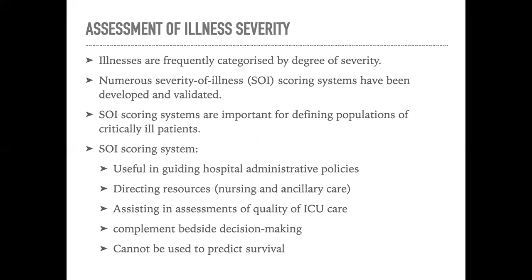It could direct resources, whether it's nursing and ancillary care, and assist in the assessments of quality of ICU care. And for the clinician, it will complement the bedside decision making. But these severity of illness scoring systems cannot predict survival.